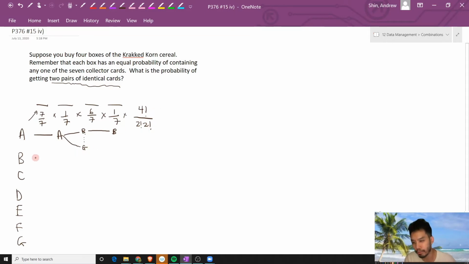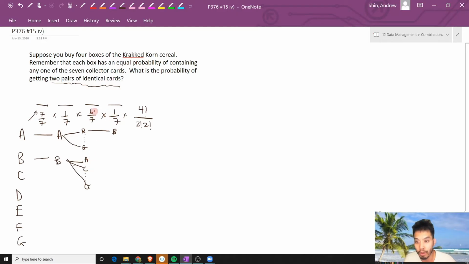And again, we have to be careful here. Later down in this diagram, we have B, B, so 7 out of 7 chances of getting a B. And if we draw a B first, there's a 1 in 7 chance of getting a B second, and then we're counting 6 out of 7, which means this starts with A, then C, all the way down to G. Those are our 6 choices.